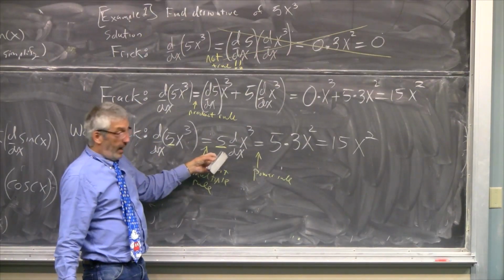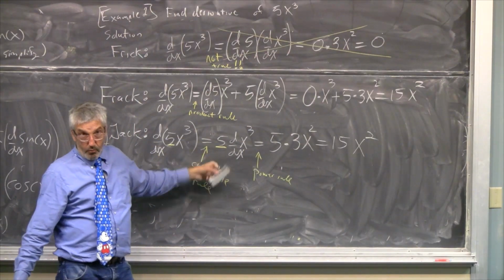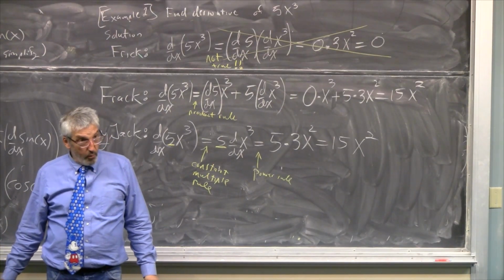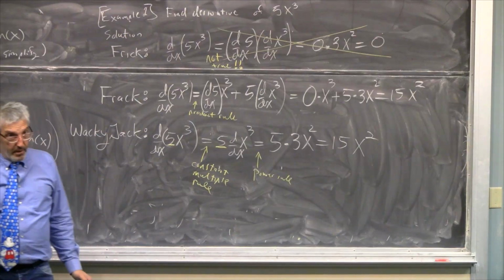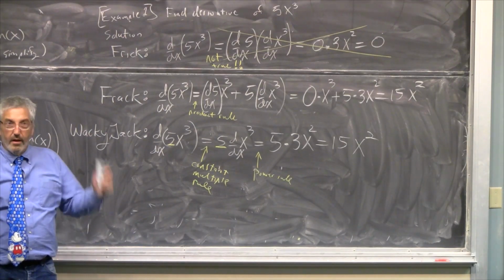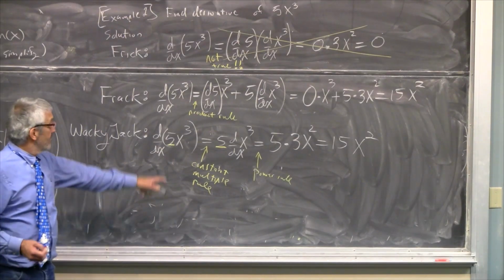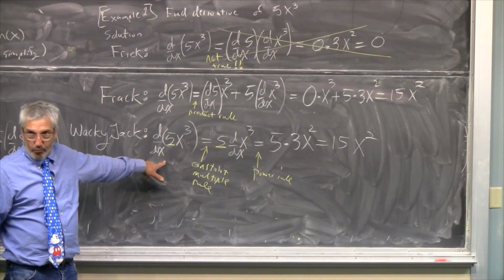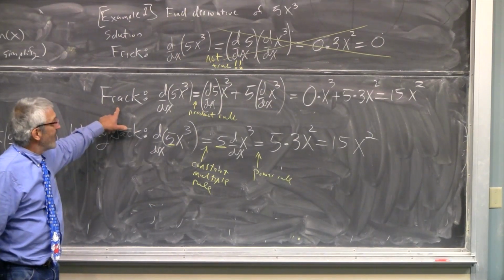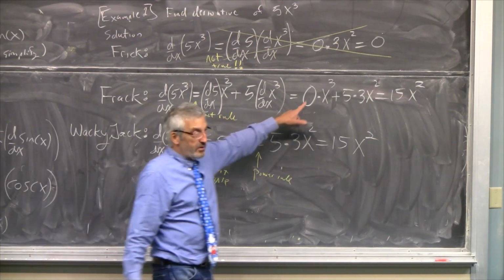And I mentioned last week, when we learned the sum rule and the constant multiple rule, I said we're going to be learning more complicated rules. But if there's ever a situation where you can use the sum and constant multiple rule, that's the best rule. Because notice, Wacky Jack did the least work. So not only did they do less work than Frack did, they did not have the opportunity to make a mistake.